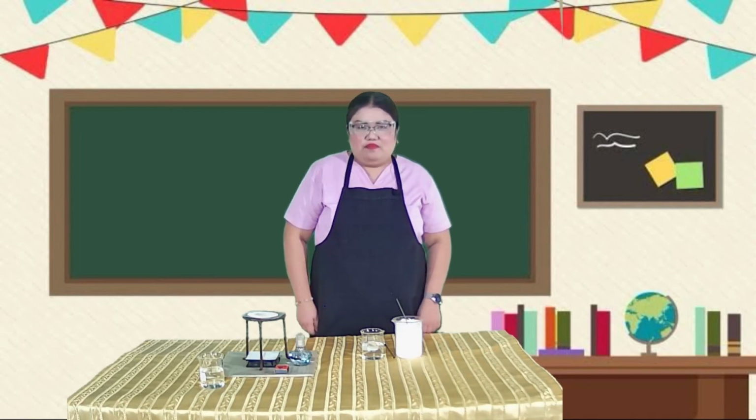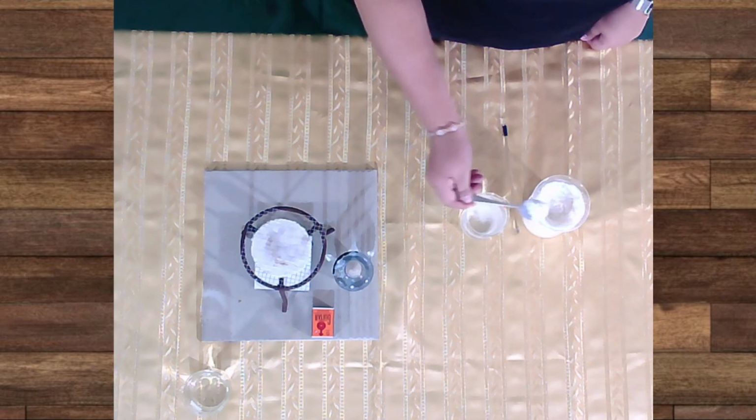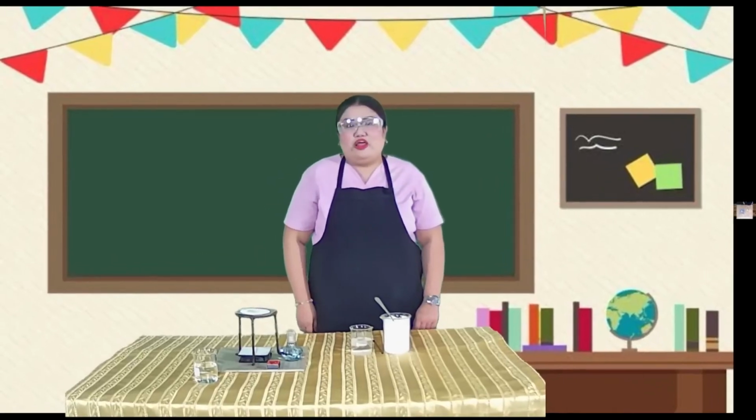The next step is we're going to put 2 teaspoons of sugar into the 150 ml water. We are going to dissolve the sugar into the water.